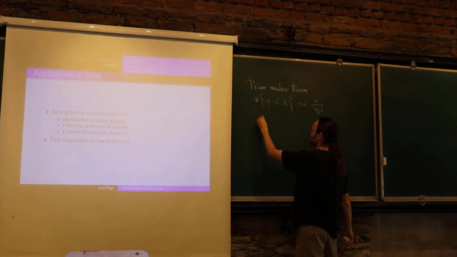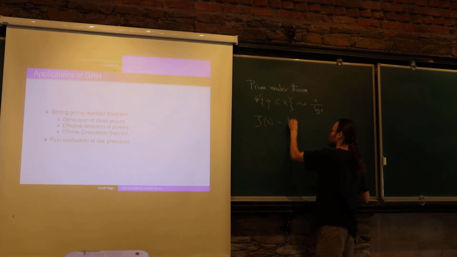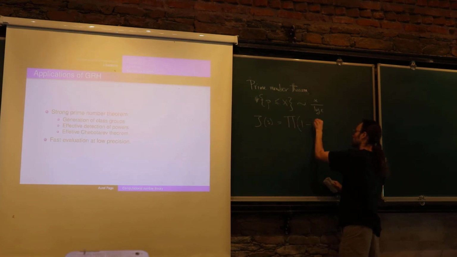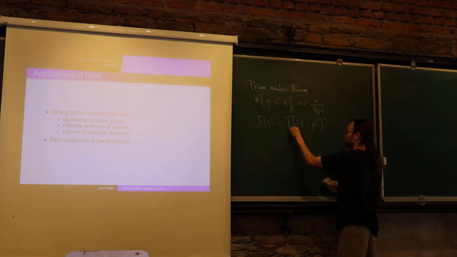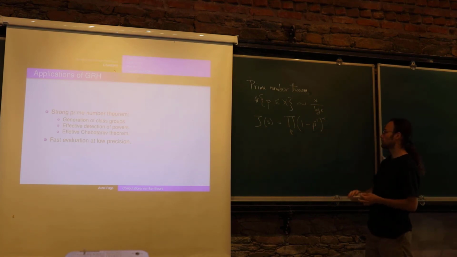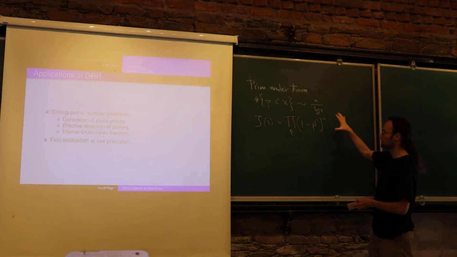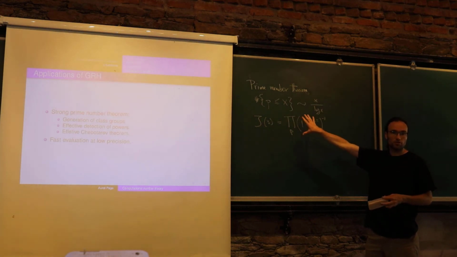The way it works is that if you look at zeta expressed as a product like this, so this is a product, but if you want to extract information about the primes, it's better to have a sum over primes, because then it will be essentially like a generating function.